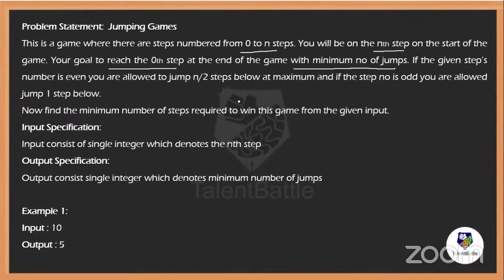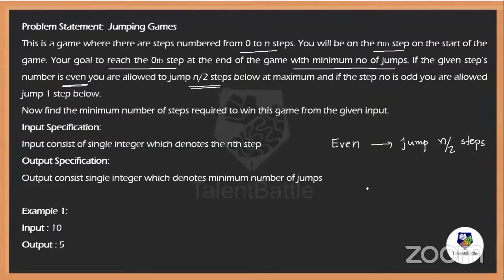Now the main important condition: if the given step number, whatever they have provided as part of input, is even, then you are allowed to jump n by 2 steps. Means if the number given to us is even, we will jump n by 2 steps.